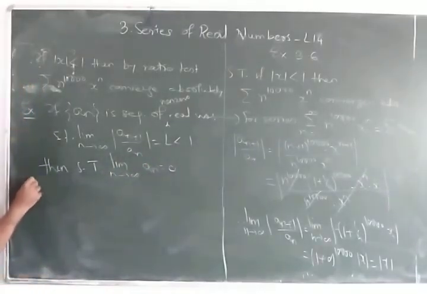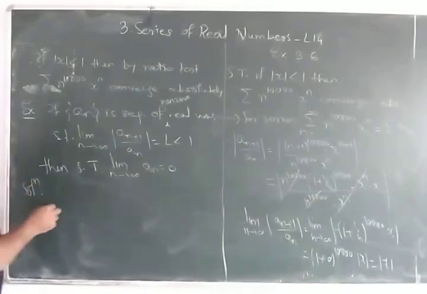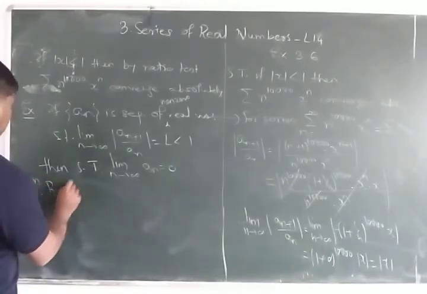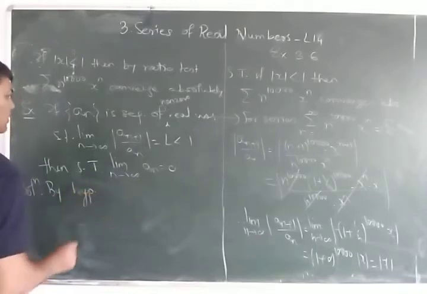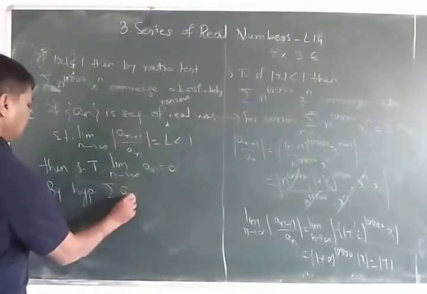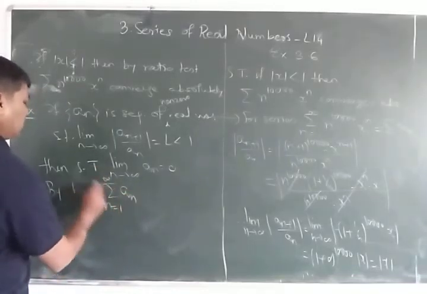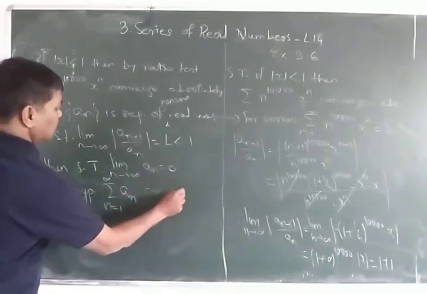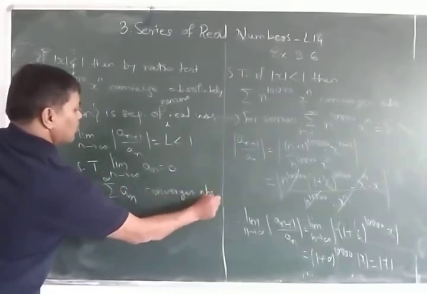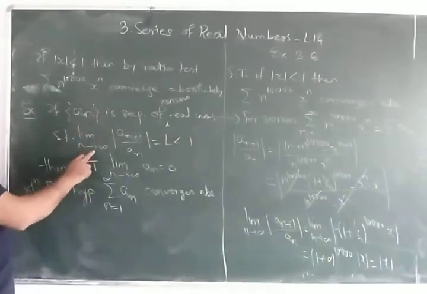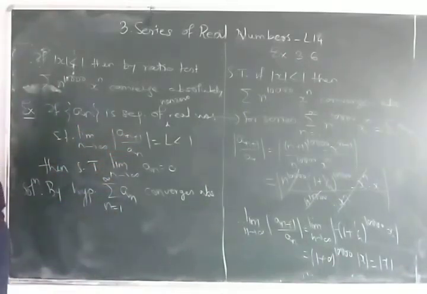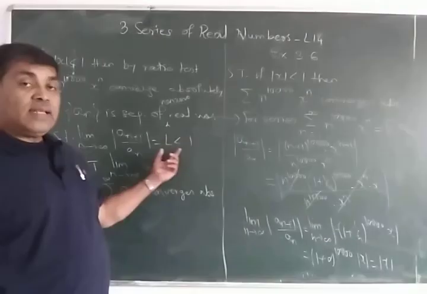Solution. So by hypothesis, summation of an, n equal to 1 to infinity, converges absolutely, as this is a sequence for which limit of mod of a(n plus 1) upon an is l less than 1.